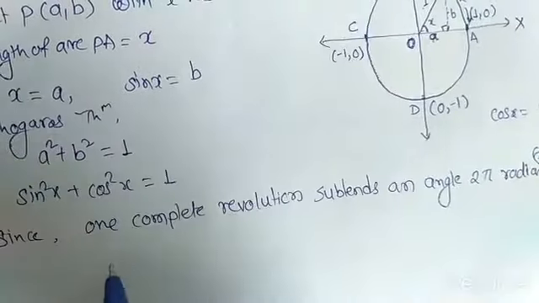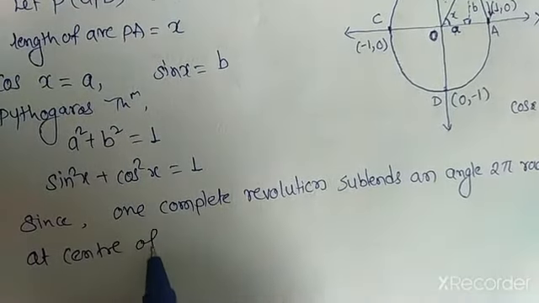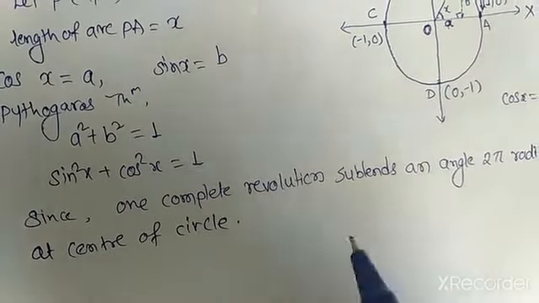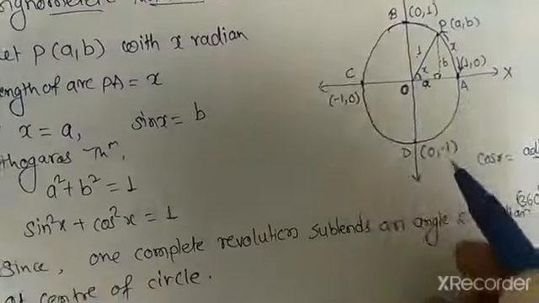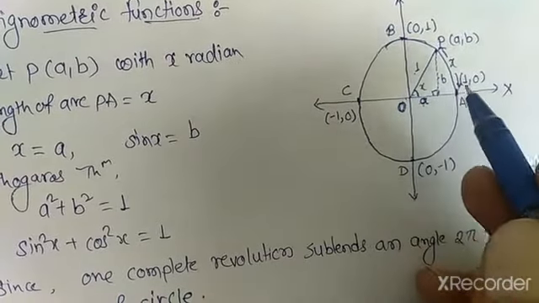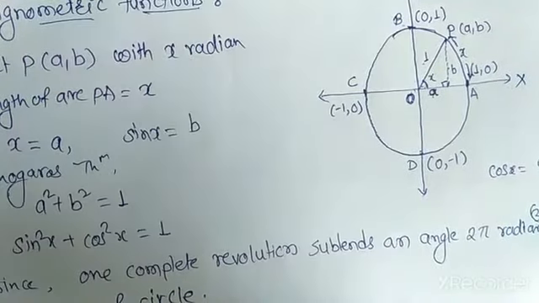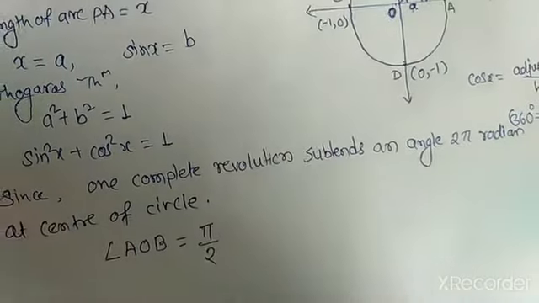And here angle AOB is equal to 90 degrees, which means pi upon 2 in radian.